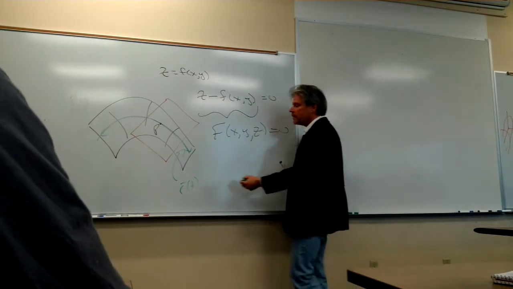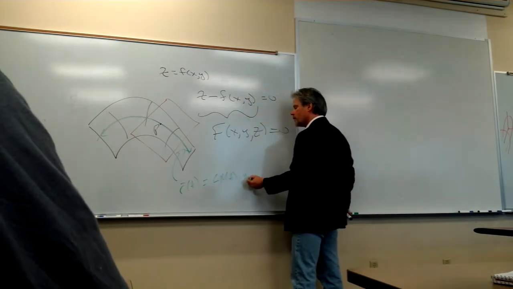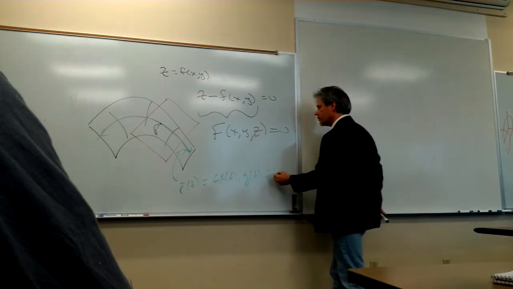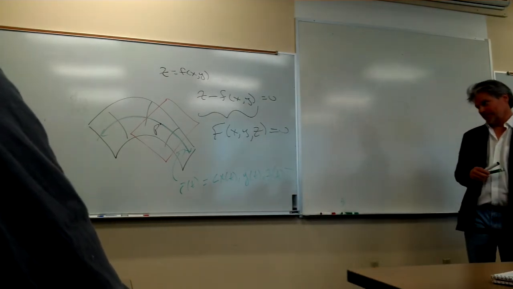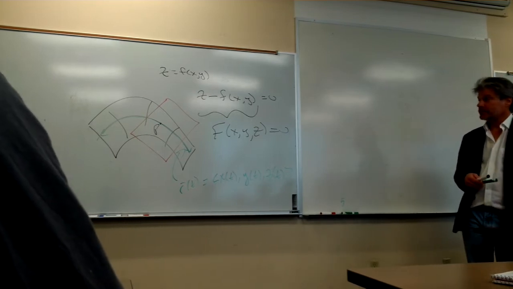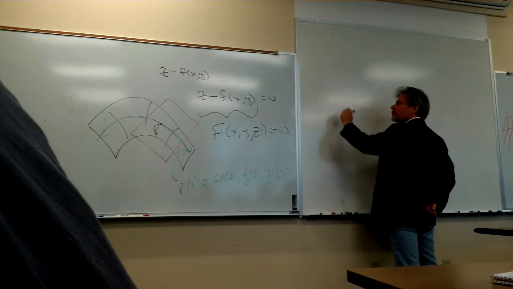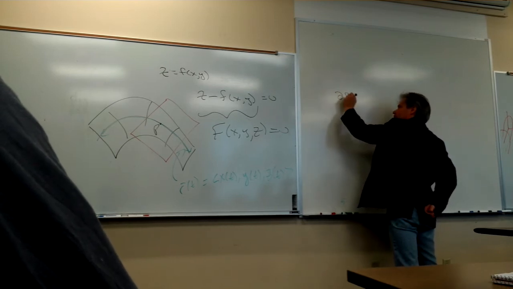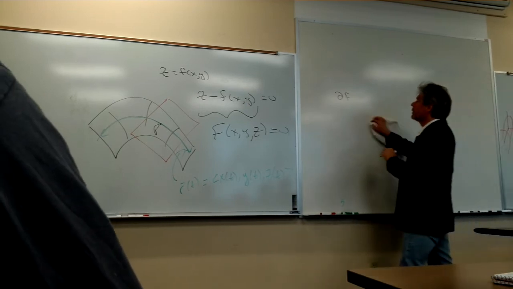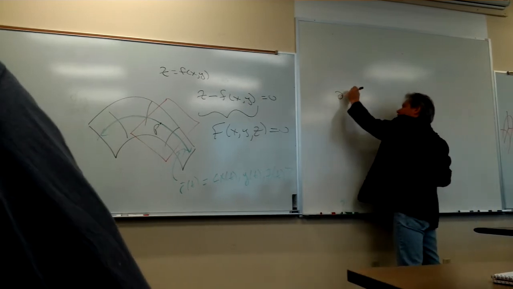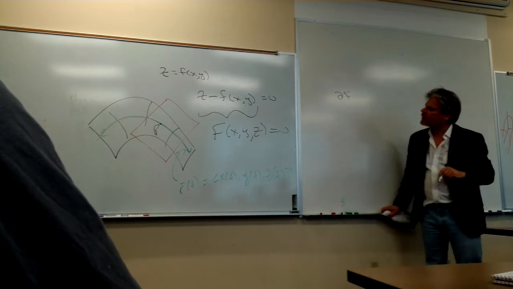So r bar of t is simply a vector that's got an x component, a y component, and a z component. Very complicated x, y, and z components, probably. Well, potentially, yes. And I think if I were to partially differentiate f, that big F, sorry, I'm being sloppy again, that's the big F, not the small f, with respect to, I don't know, what do you guys think, x, y, or z?